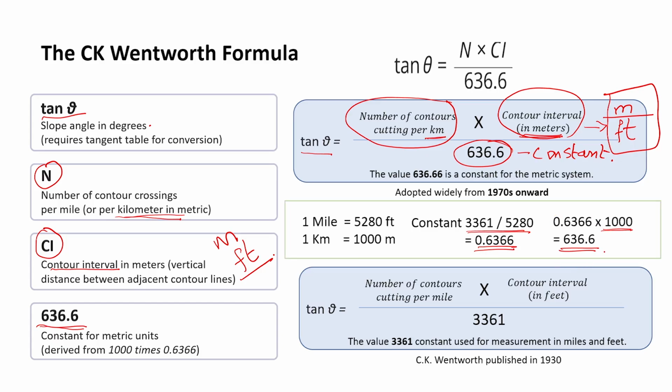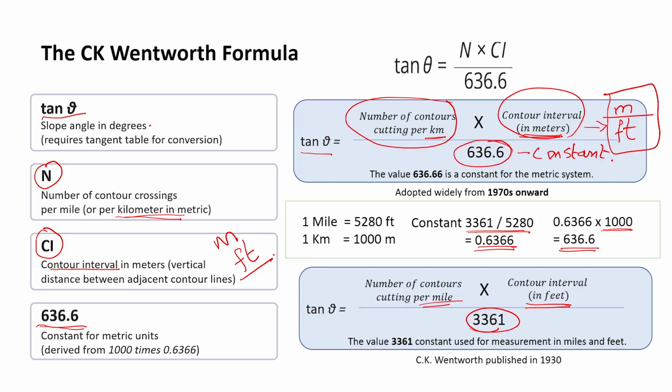So, what if your topo sheet uses miles and feet? The constant is going to be 3361. So, all you have to do is remember the formula and keep sure that you have observed what values have been used in your topo sheet. So, let us get into it further so that we can have a clear picture.